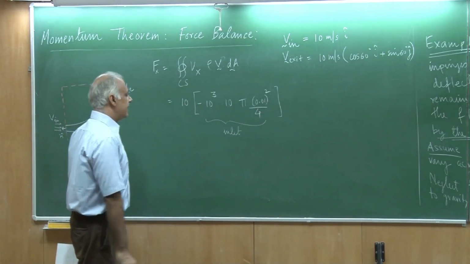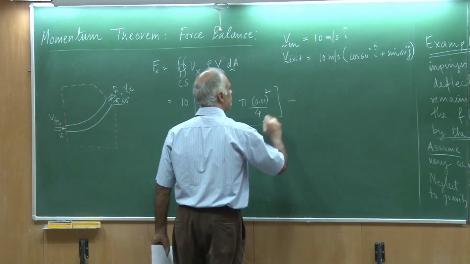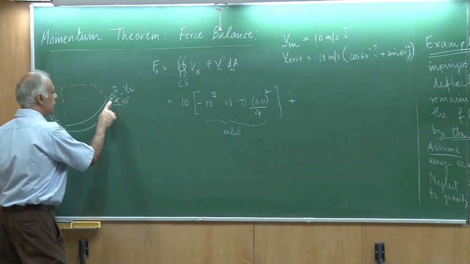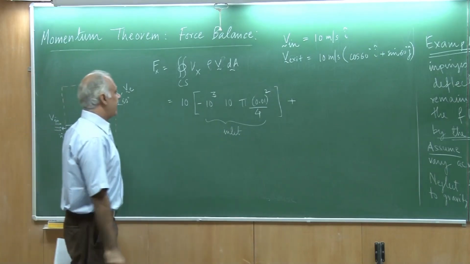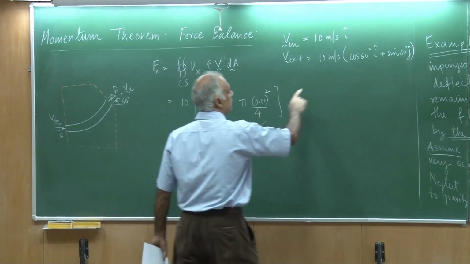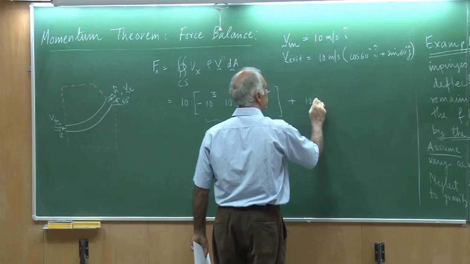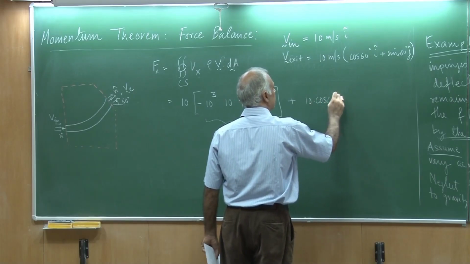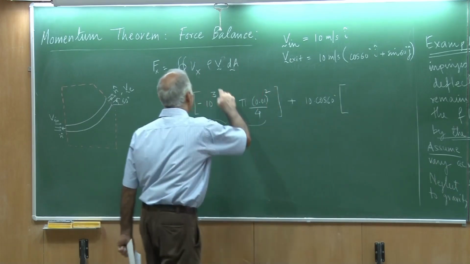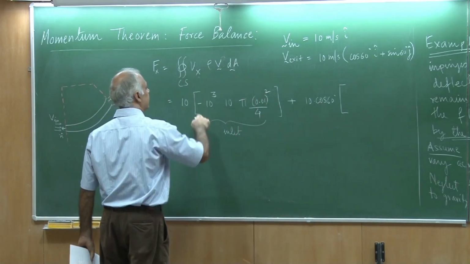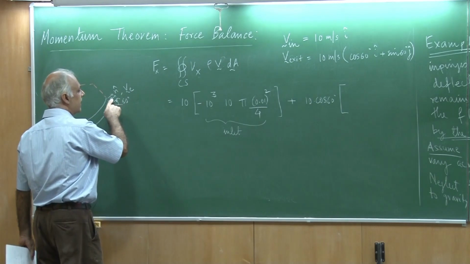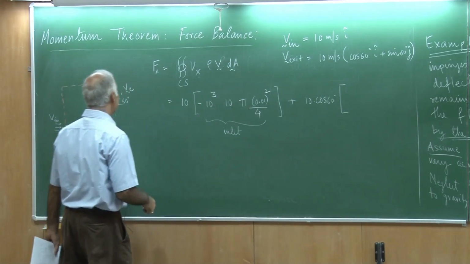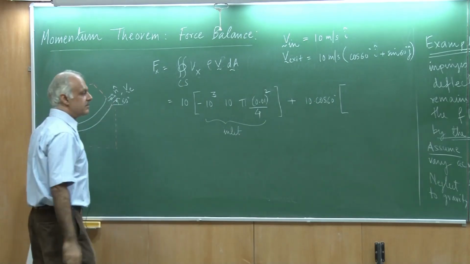Right. And then I would have to come up with a term at the exit. So, that would be this term, and this would be now a V x, which is 10 times cosine 60 degrees, and I would have to multiply with this integral over here, the mass flow rate, which actually is same as the one that I have written here, but the sign would be now positive.